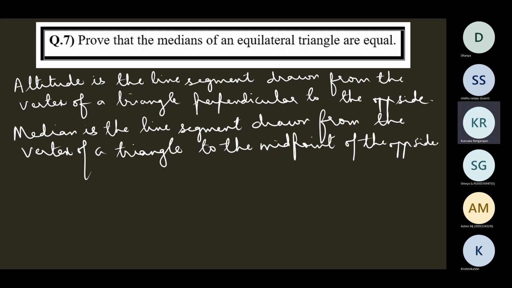Median is a line segment drawn from the vertex of a triangle to the midpoint of the opposite side. Median will meet this opposite side at the midpoint. Altitude will be perpendicular to the opposite side, 90 degrees.